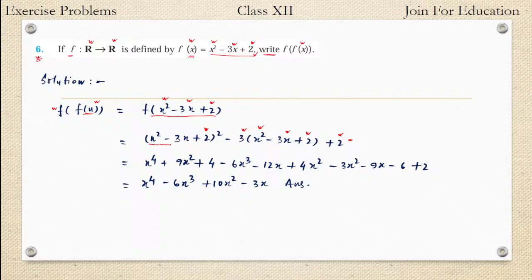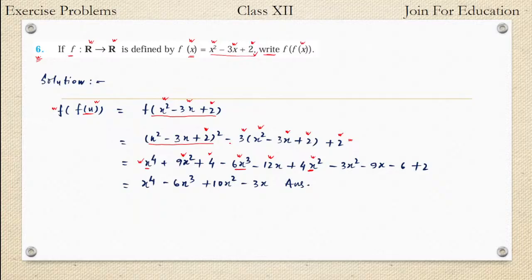Now we expand this one according to (a minus b plus c) whole square. Therefore, here will be a square plus b square plus c square. So we get x to the power 4 plus 9x square plus 4, minus 2ab, then we get minus 6x cube, minus 2bc, then we get minus 12x, and here will be plus 2ac, therefore we get 4x square.